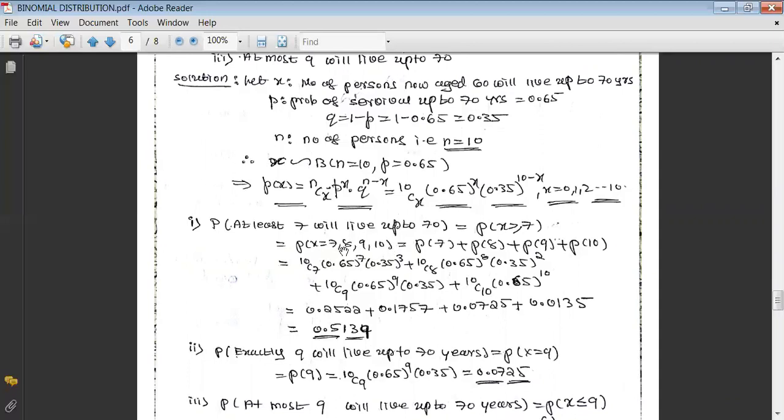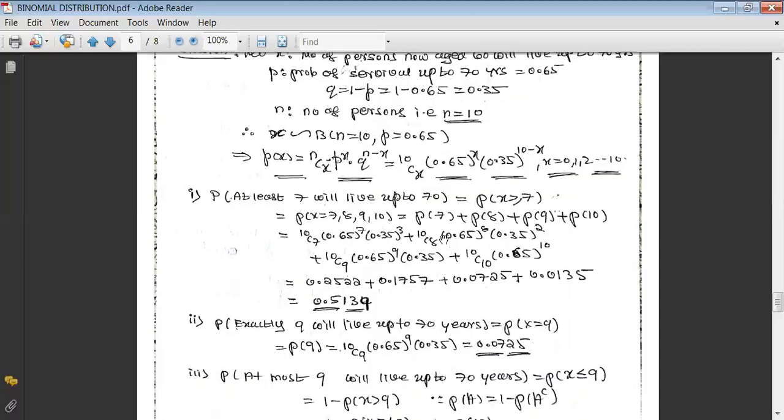Here the comma stands for or, which becomes plus. Once you take x equal to 7, 8, 9, 10 in this probability function, calculate the individual values and add them, it results in 0.5139. That represents the probability that out of 10 persons, at least 7 will live up to 70 years.